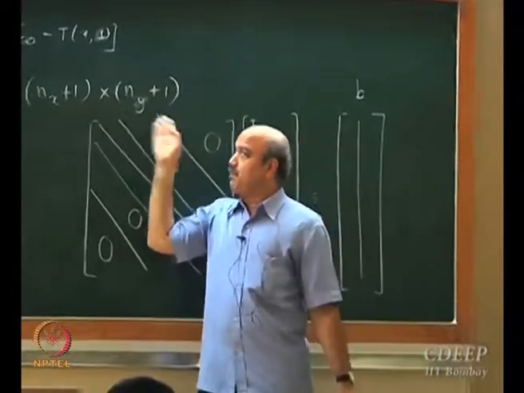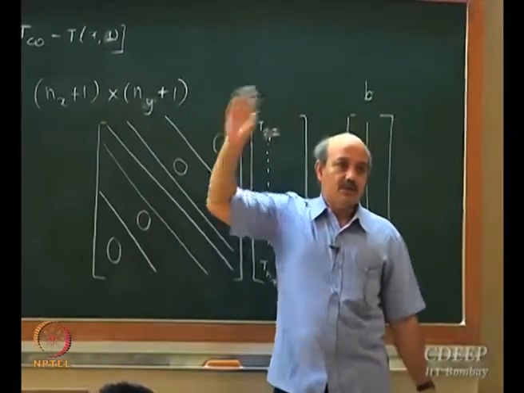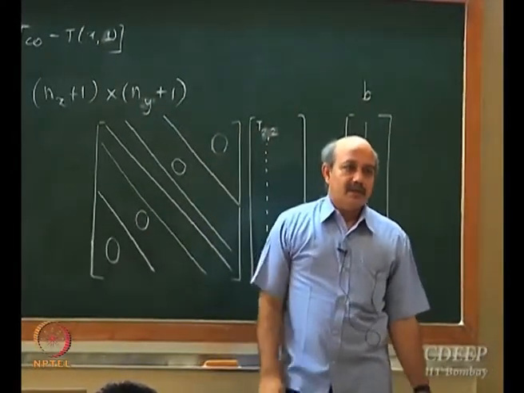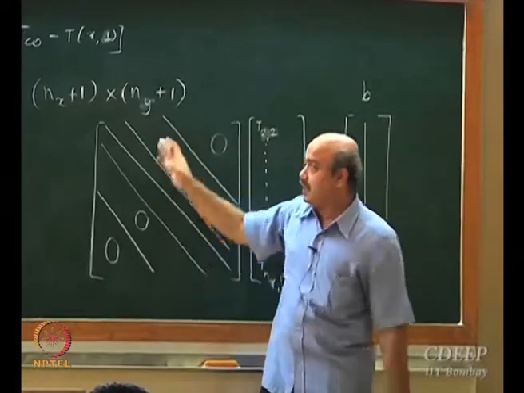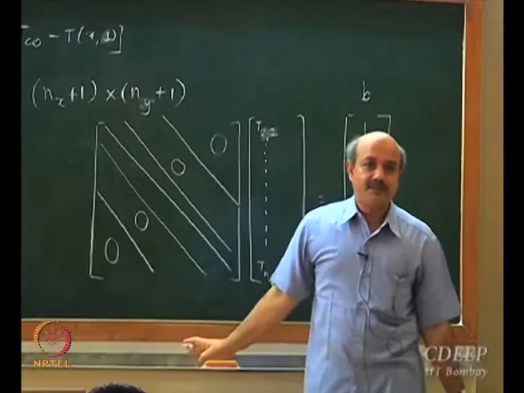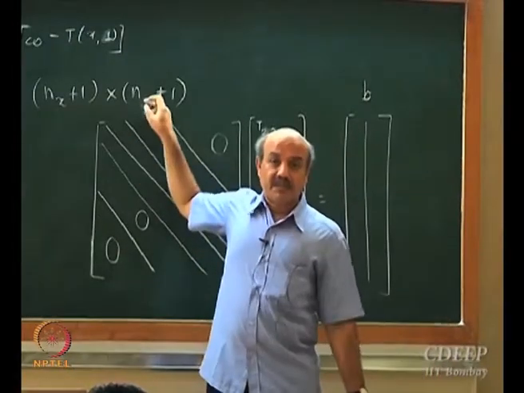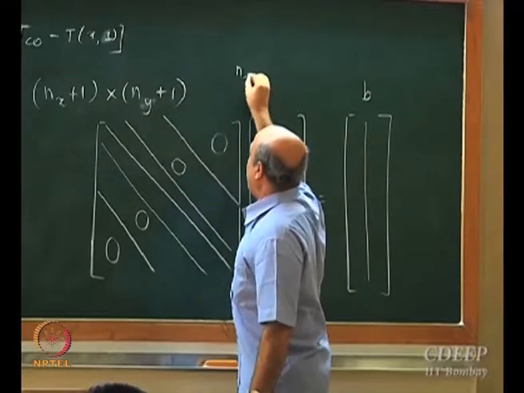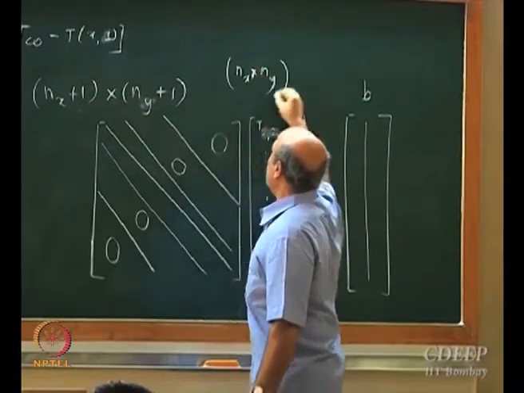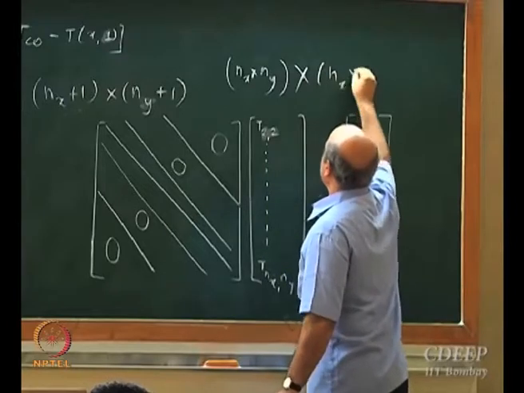Suppose this nx and ny, these are the number of variables, and this matrix will be nx cross ny by nx cross ny.